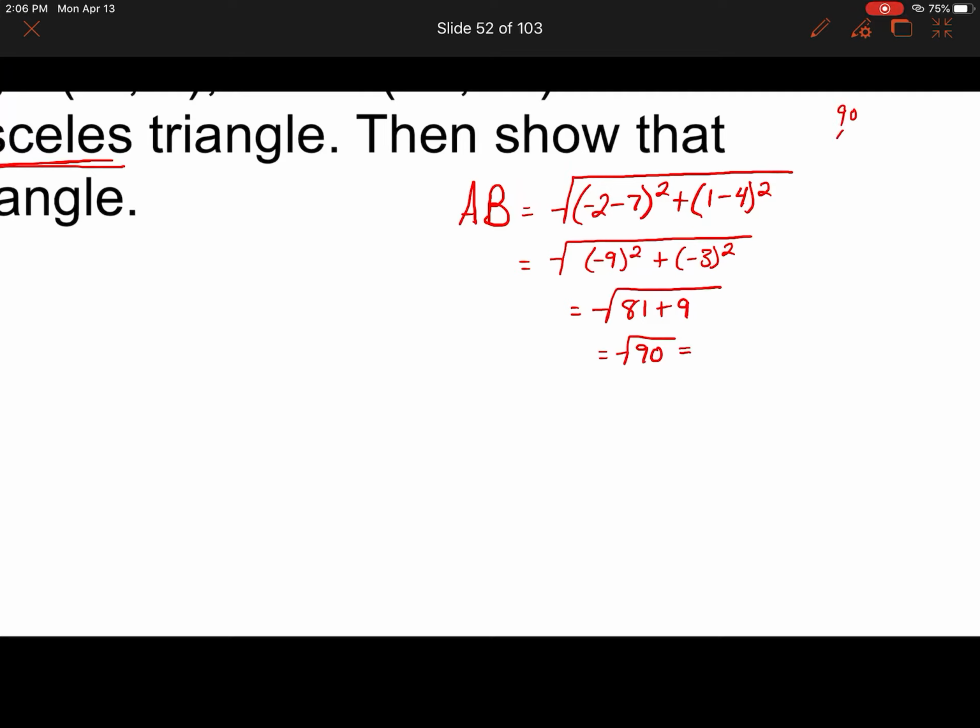Now, the next thing we're going to do is find the length of BC, from point B to point C. So you can see the numbers there. So again, we're going to take the square root of our x sub 2, this time is 10, minus -2 squared, plus the y sub 2, which is -5, minus 1.